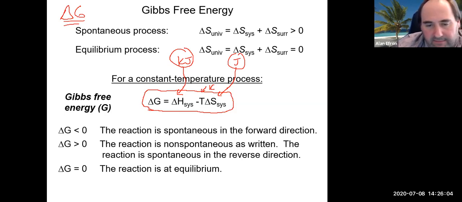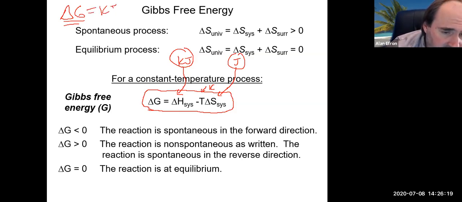So it really doesn't matter in this case. You could convert them both to joules and then convert to kilojoules at the end. You could convert everybody to kilojoules and you'll be fine. So in terms of units, delta G typically is given in kilojoules. Just a refresher of units, delta H is also typically kilojoules.